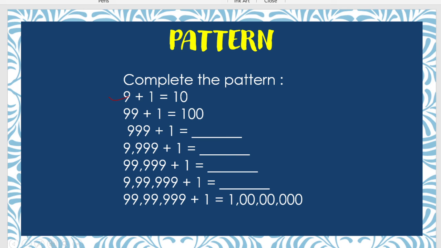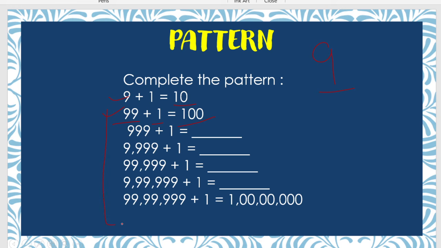When you add 1 to 9, it will become 10. 9 is the greatest one-digit number, and if you add 1 to it, it will become the smallest 2-digit number. This is 99. 99 is the greatest 2-digit number. When you add 1, it will become the smallest 3-digit number.